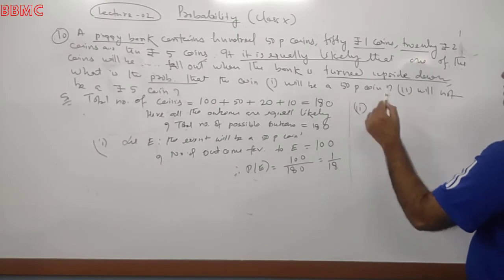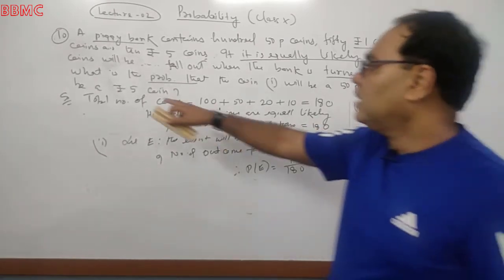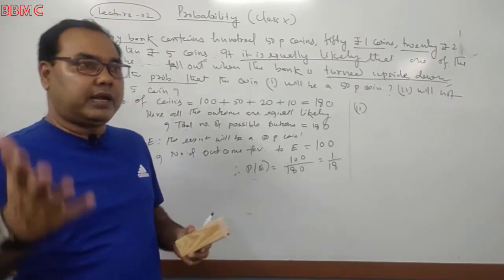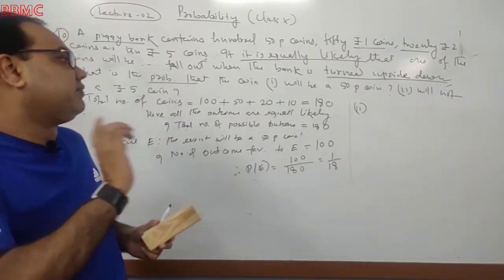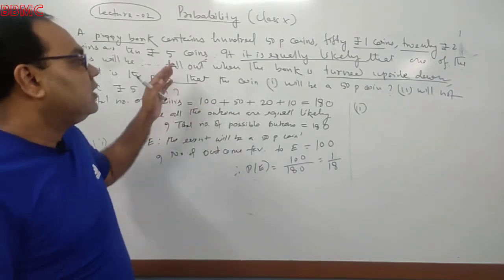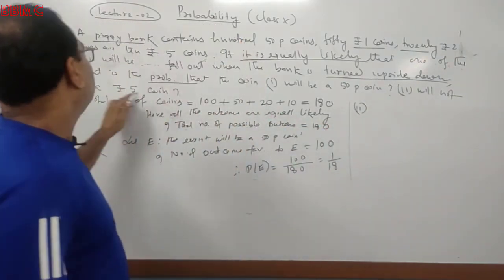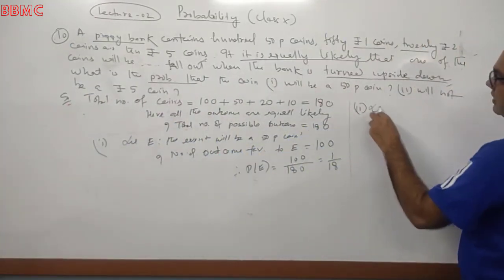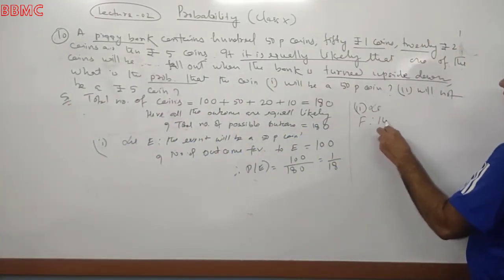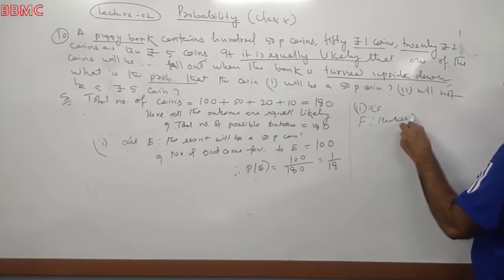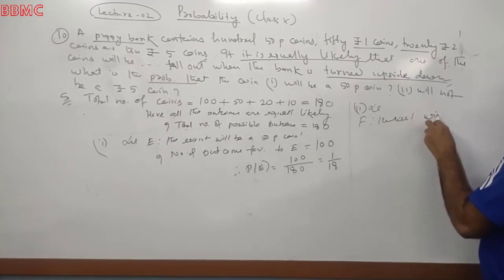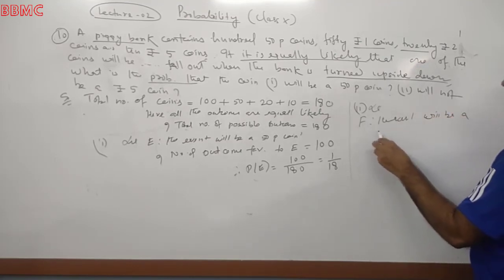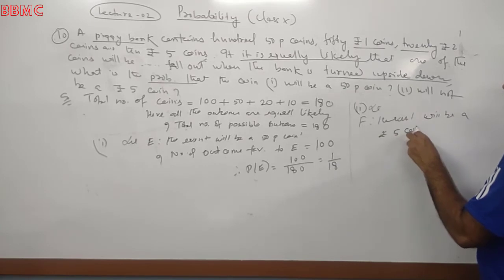What is question number 2? The coin will not be a rupees 5 coin. Let F be the event that the coin will be a rupees 5 coin.